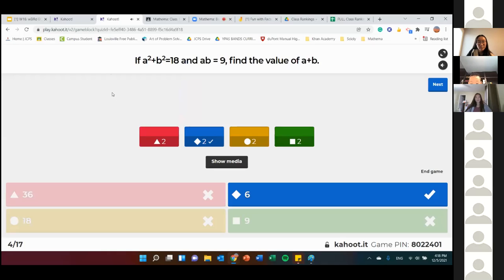So I knew what this answer was because aside from 1 and 9, 9 only has one other factor, which is 3. It would make perfect sense because 3 squared is 9, 9 plus 9 is 18, and 3 times 3 is 9, so it's 6.